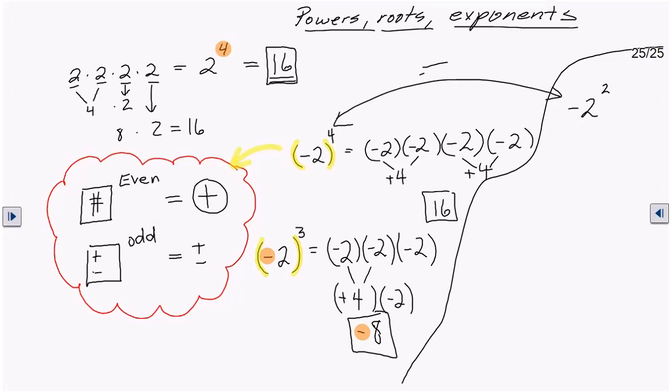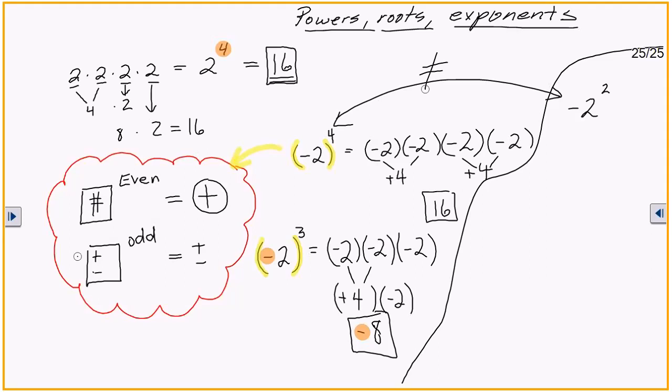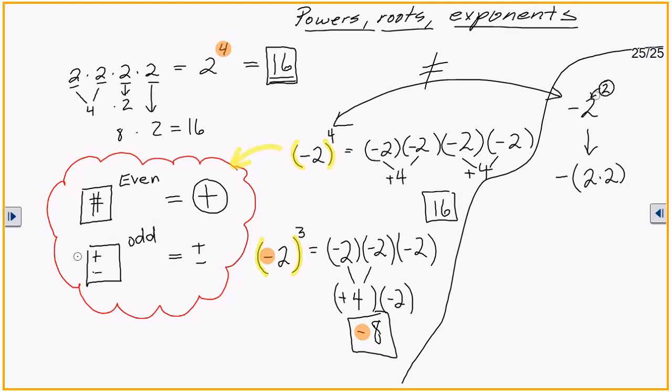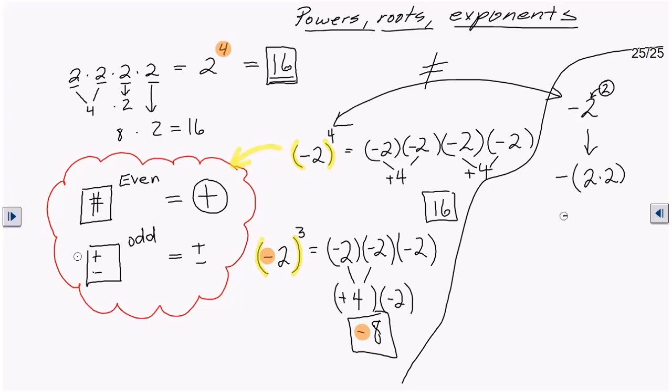These are not the same. And you need to make a note of that in your notes, because this means negative 2 times 2. The exponent 2 is only going with the number. It's not going with the sign. So this would be a negative 4.